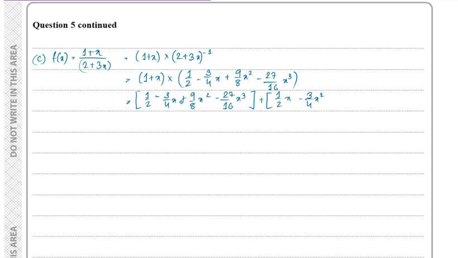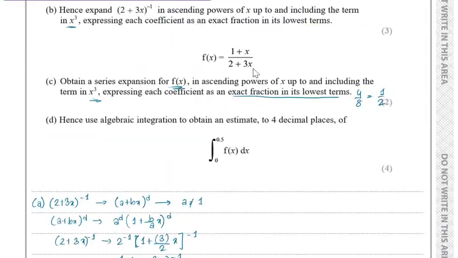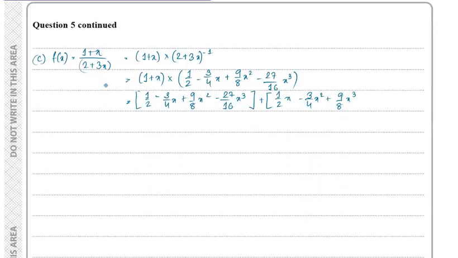The powers will actually get added up, so x to the power 1 and x to the power 1, 1 plus 1 would be 2, and plus 9 by 8 x cubed. So 9 by 8 x squared multiplied by x is 9 by 8 x cubed, and we have been asked to expand till we get x to the power 3. So we already got that here, so we don't need to expand further.